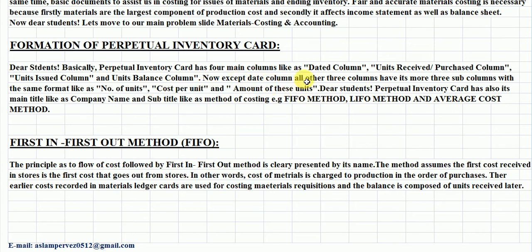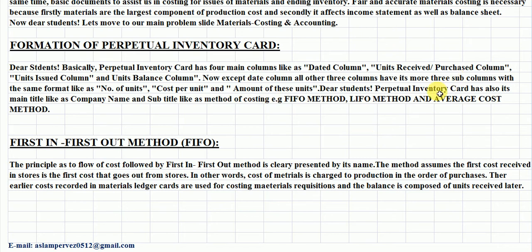Except the date column, all the other three columns have three more sub columns with the same format: number of units, cost per unit, and amount of these units.